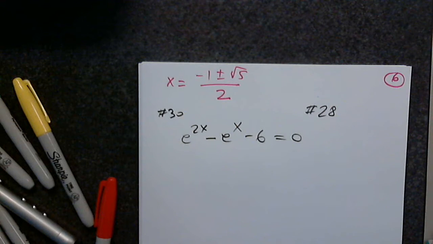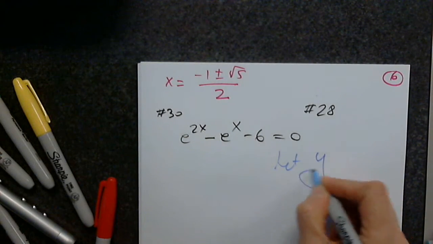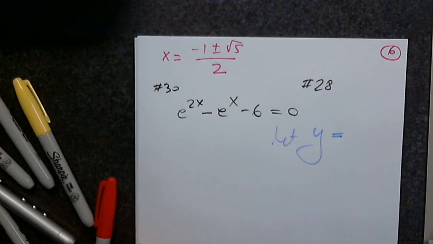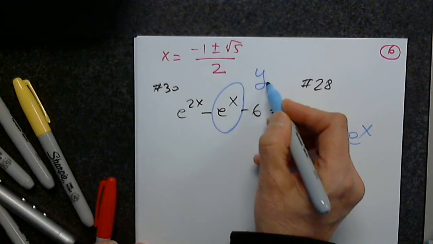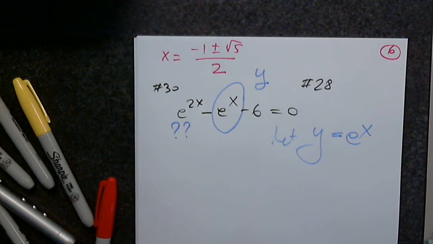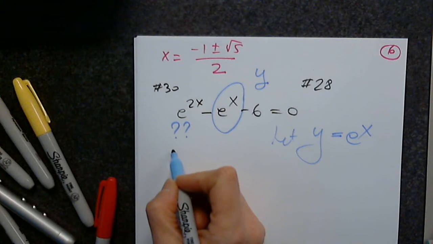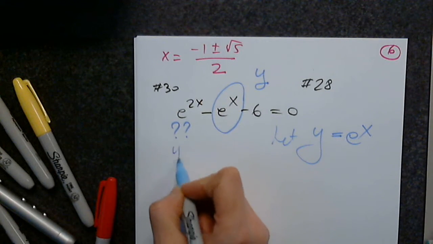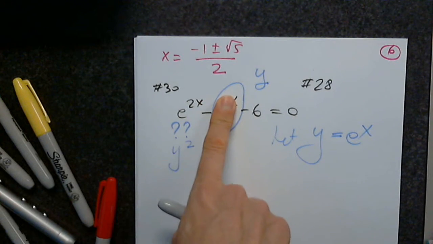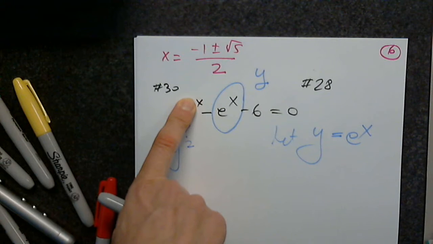So exponential and quadratic together, what would I think of immediately? Maybe it's quadratic in form. So I'm going to say let y be e to the x, because if this is y and the first term has the same base, it'd be y squared.